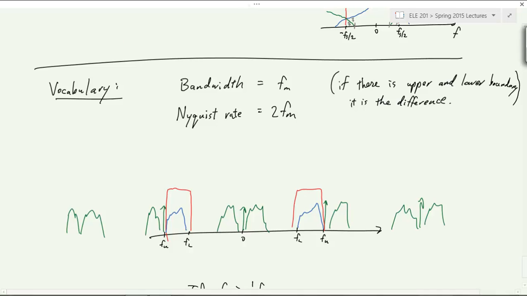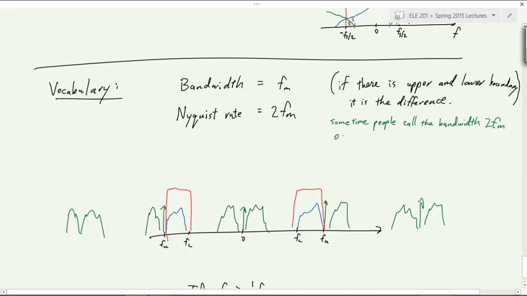Sometimes people refer to these by other names. Or rather, sometimes people call basically the same thing different things. People might call the bandwidth actually 2 times the maximum frequency in some settings, because if you look at positive and negative frequencies, you get double from going from negative FM to positive FM.